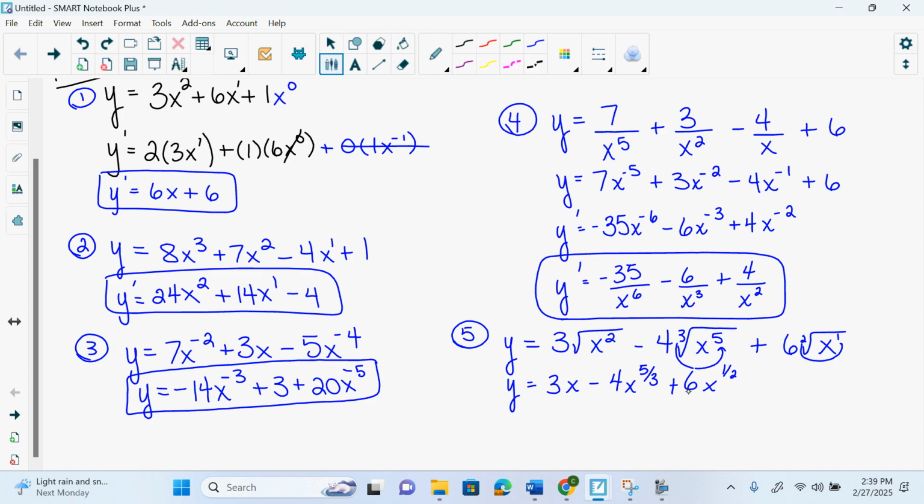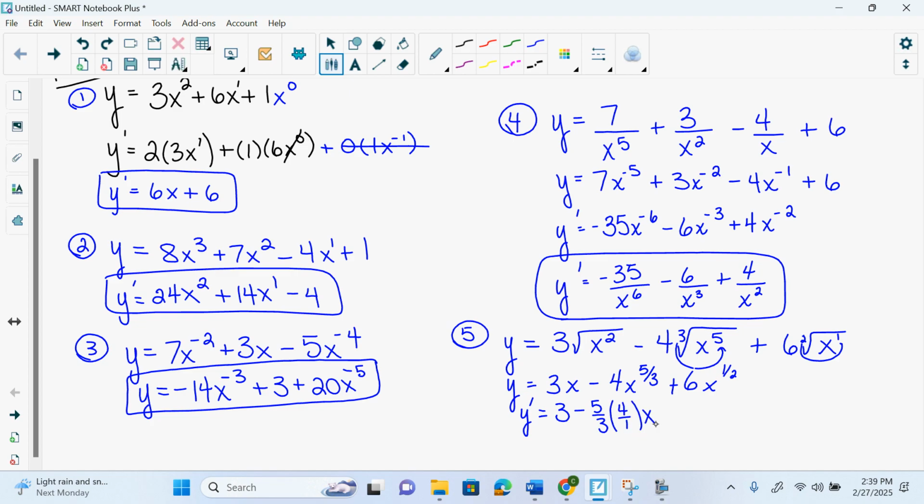Okay. So now we get to do fractions, which everyone loves so much. So what is the derivative of 3x? 3. Make sure you put y prime. So you know you found the derivative of the tangent slope, right? Then we're going to get minus 5/3 times 4 over 1. x to the what?